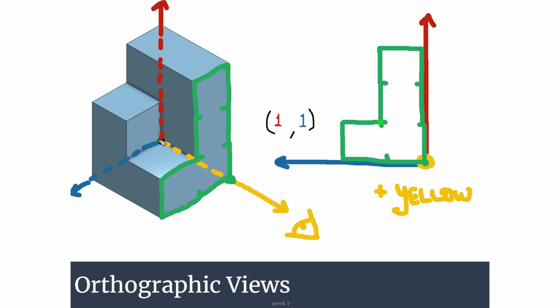We're going to go +1 in the red, +1 in the blue, -1 in the red, -1 in the blue. Cool. And that's it. This block here is represented by this block here. Great. We are pretty much done. These are the only faces that we should be able to see from this view.